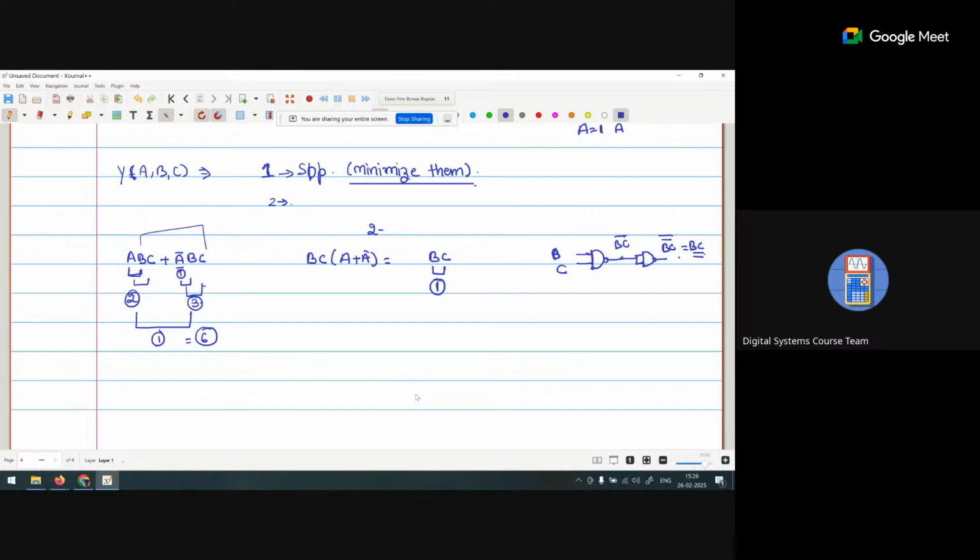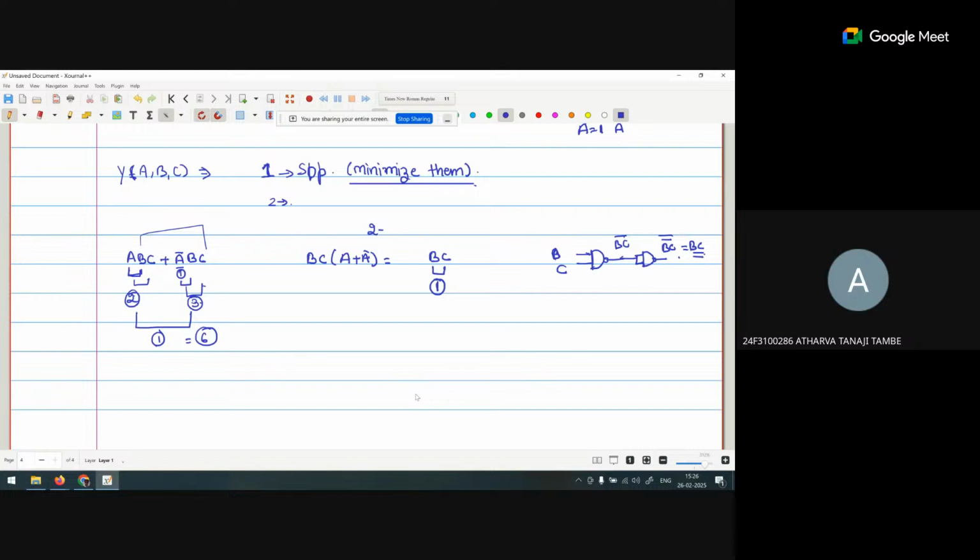Any other doubts? In the previous lecture, I didn't get the two ways that you explained with the multiplexer, basically the Boolean expression that you take.